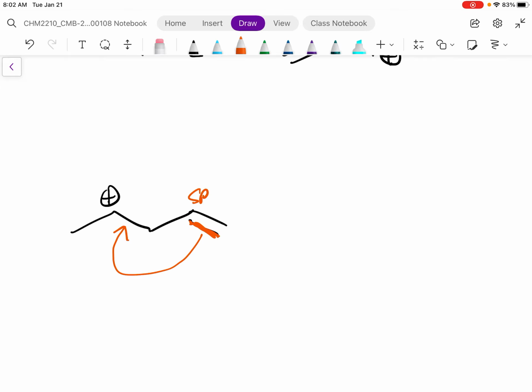And so we have an sp2 hybridized orbital there, but what's the hybridization state of that one? sp3. And the hybridization state of that carbon is sp2. So these electrons want to go this way, but they get stuck at this spot right there, because there are no p orbitals for the electrons to flow through, because it's sp3 hybridized.